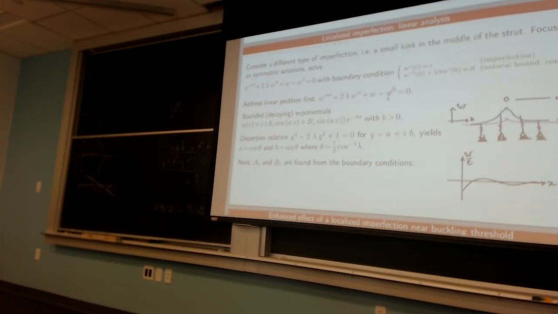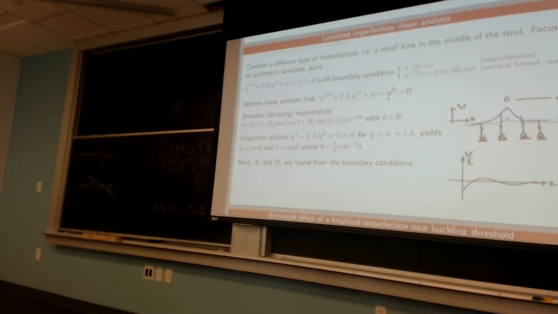So right now we focused on a specific type of imperfection that was harmonic, and the reason was that this is the kind of thing we can expect to resonate with the buckling mode of the structure. But now the question is, what happens if we introduce an imperfection that's a little bit more broadband? So let's not focus on the harmonic thing.